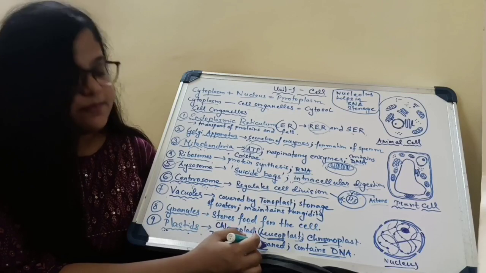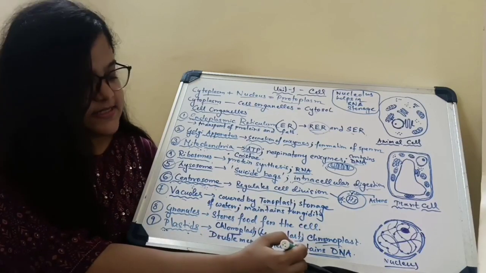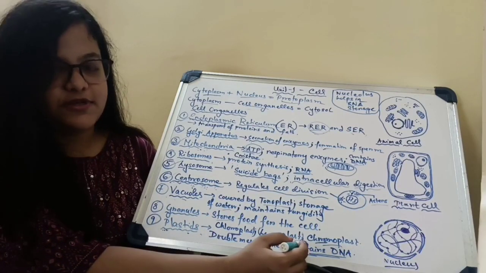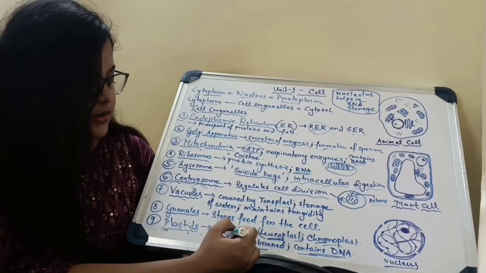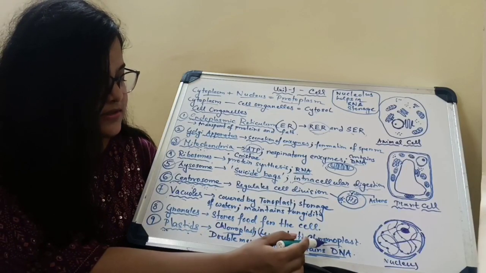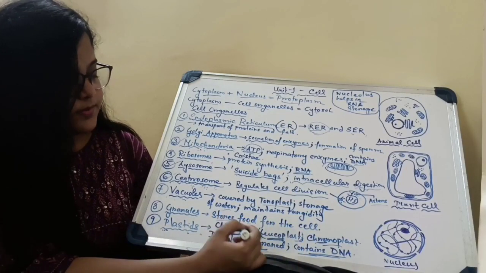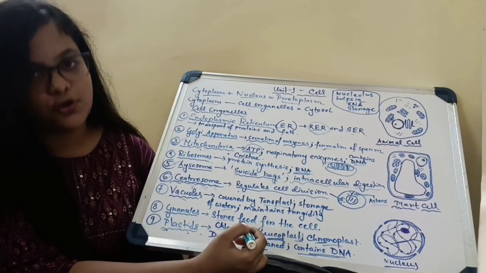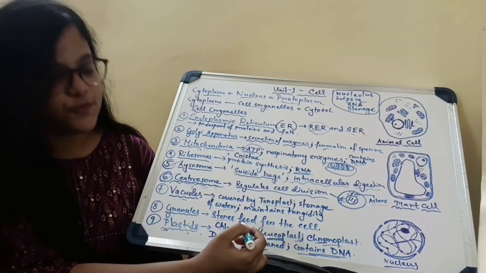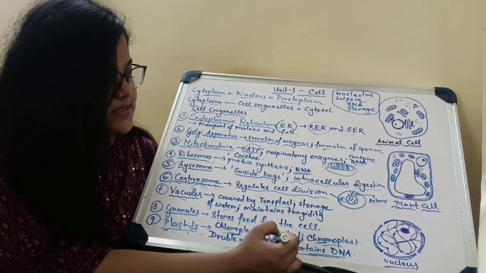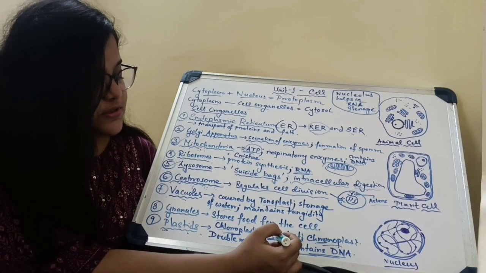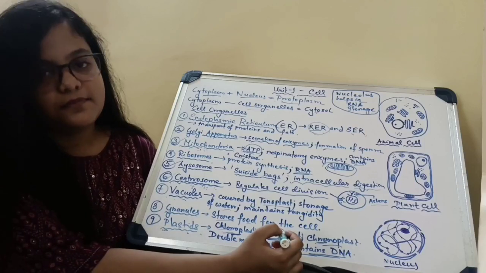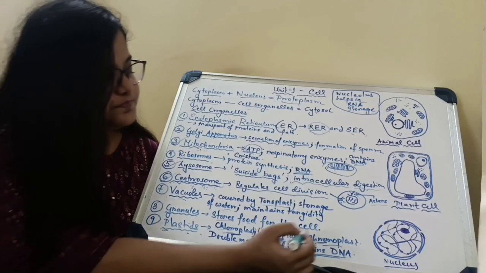It is a double membrane structure and contains DNA inside its matrix. It is of three types: chloroplast, leucoplast and chromoplast. This chloroplast you have already heard of. It contains the green colored pigment called chlorophyll, which ultimately helps in photosynthesis. Leucoplast is a colorless substance which can be found in vegetables like potato.